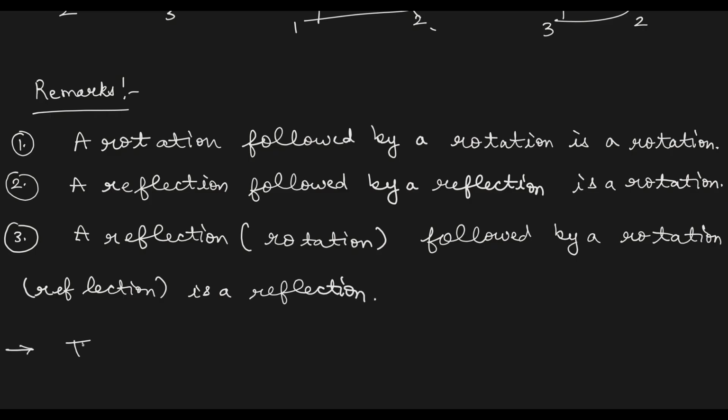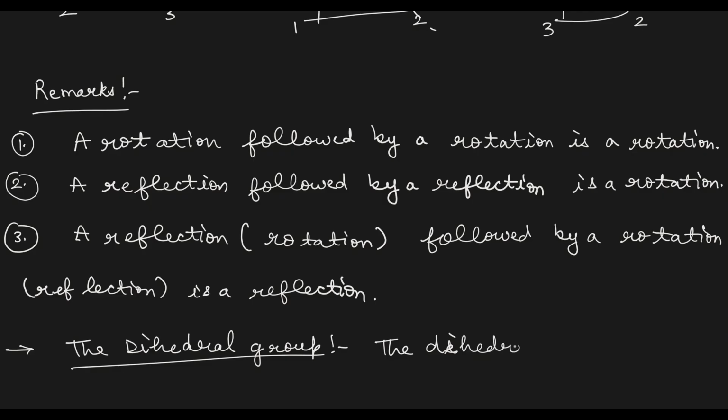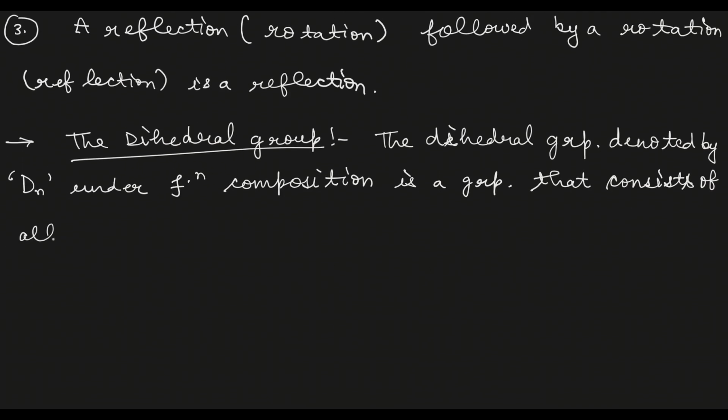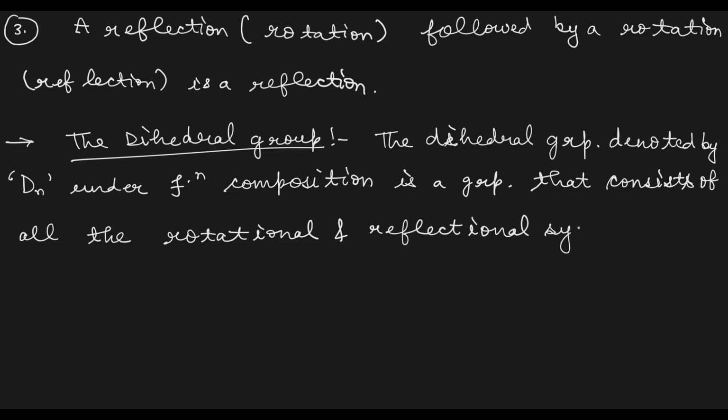So what is a dihedral group? The dihedral group denoted by Dn under function composition is a group that consists of all the rotational and reflectional symmetries of a regular n-gon.